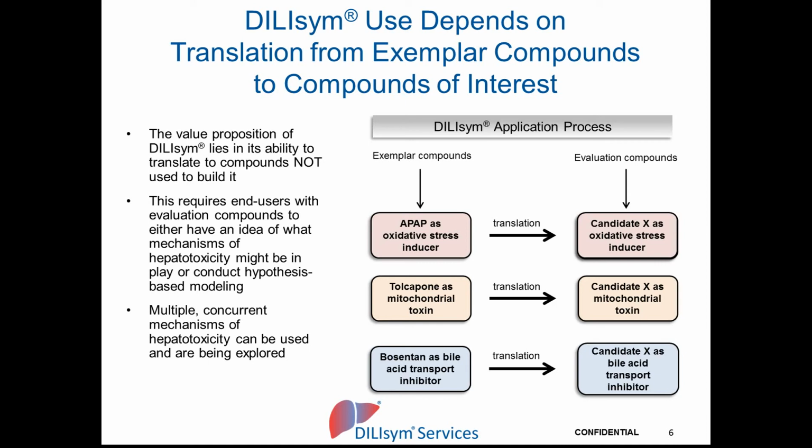And again, I should also point out that these aren't necessarily separated. Multiple mechanisms can be active simultaneously within DILIsym, and many of these exemplar compounds that we've included interact with multiple mechanisms.